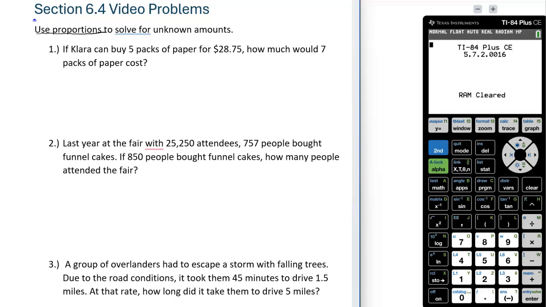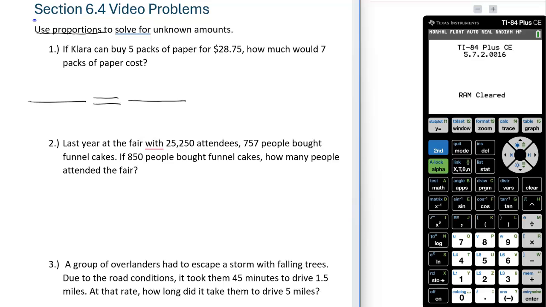Okay, so for number 1, it says, if Clara can buy 5 packs of paper for $28.75, how much would 7 packs of paper cost? Now, I know, being a proportion, that the setup of this problem is going to look like this. I have an equal sign with a ratio on each side.